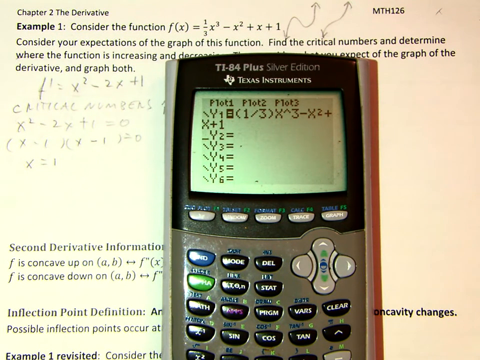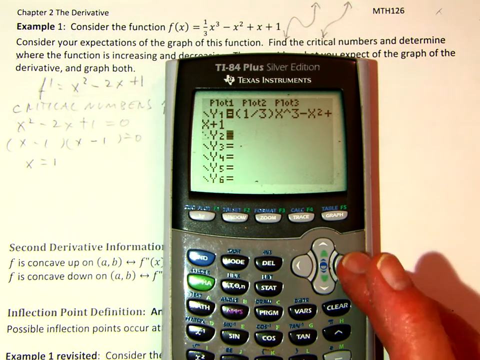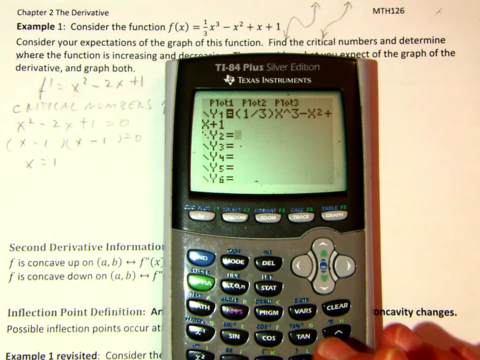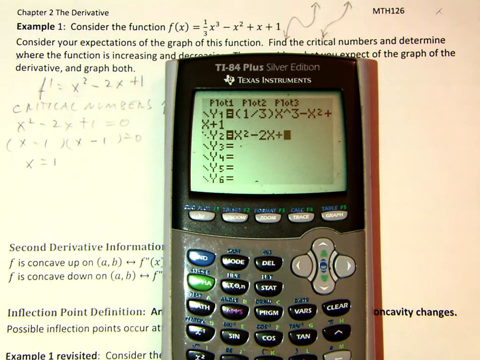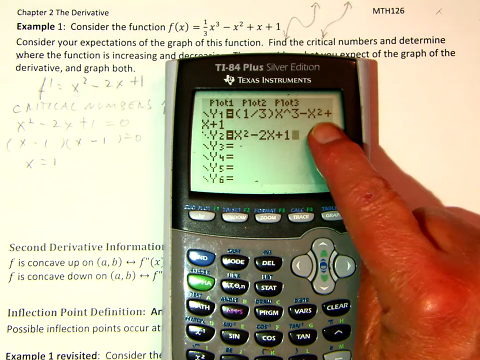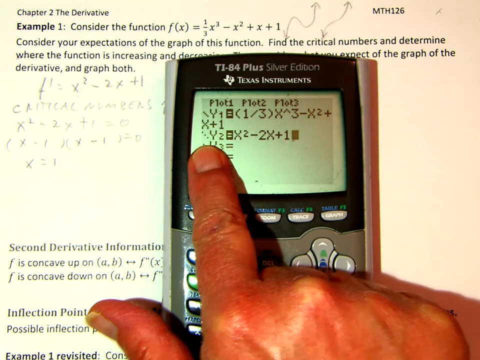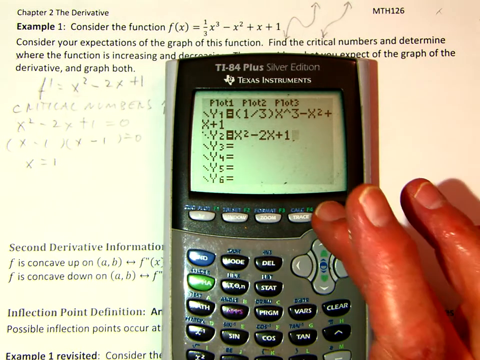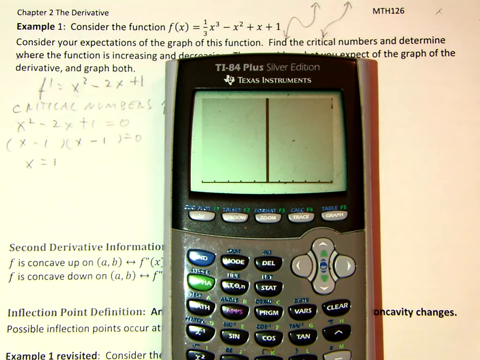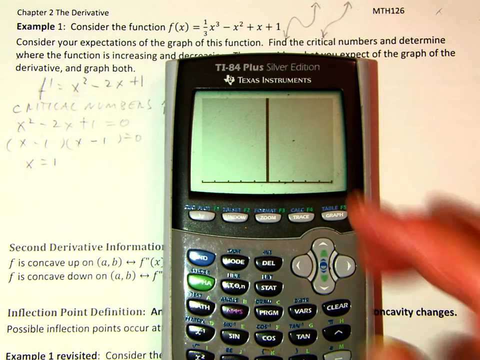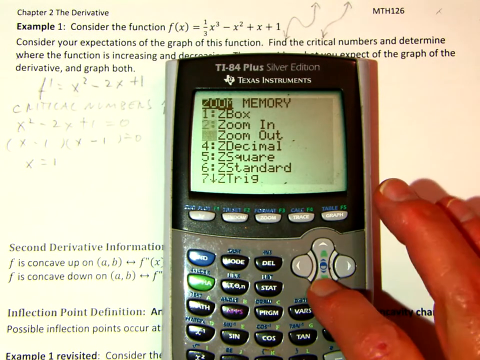We'll use this dotted line to see if that shows up good enough to look at the graph of the derivative. So we're going to look at both of these. So the line is the function, and the dotted line will be the graph of the derivative. And of course my window is set to something strange from the last thing I did on it. So let's go ahead and go zoom standard.